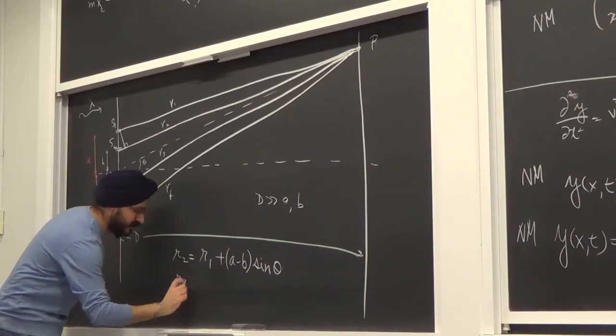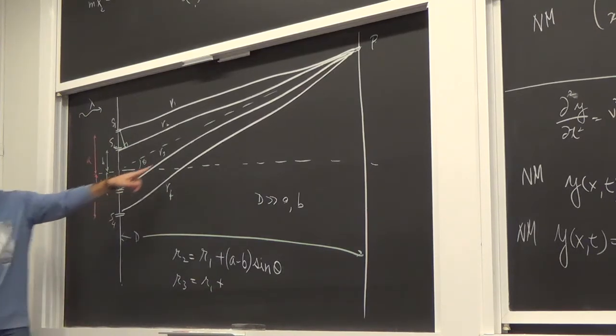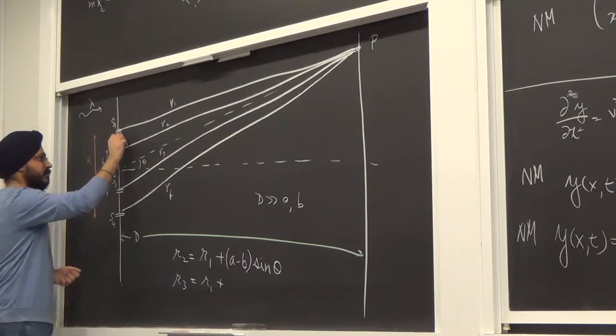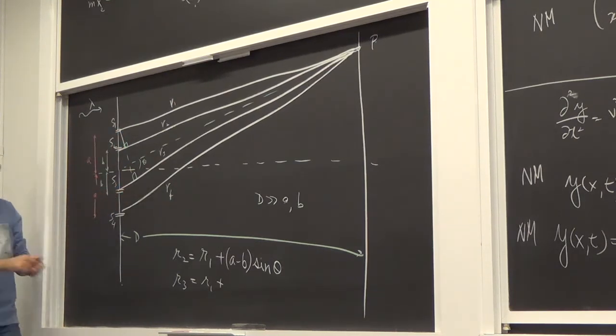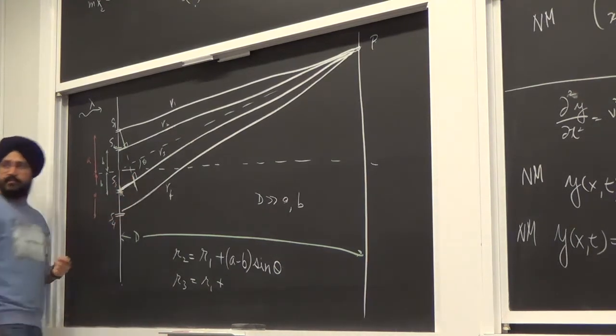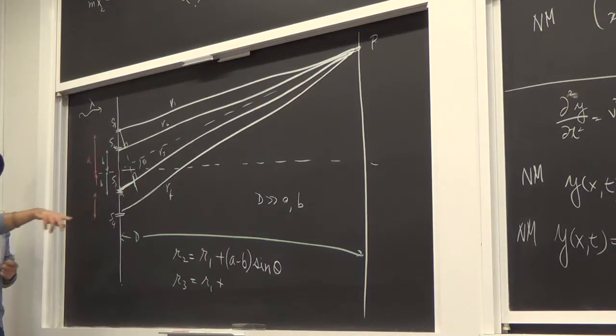What's R3 in terms of R1? How much extra does R3 have to go compared to R1? Same thing, drop a perpendicular from slit 1 to the third point. The extra distance it goes is exactly the distance between S1 and S3 times sine theta again.